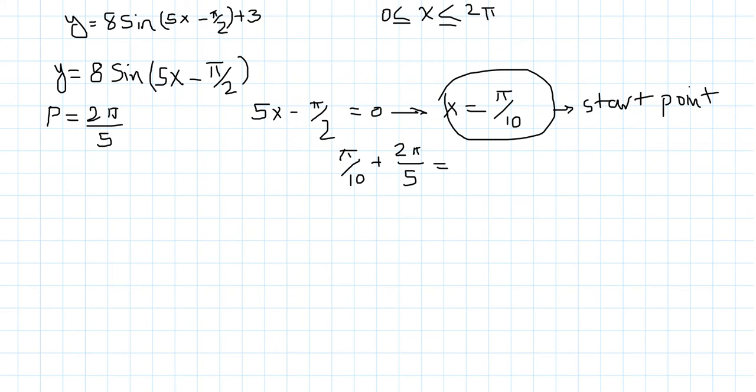Easily the answer is pi over 2. My graph will finish in pi over 2. It is the finishing point.